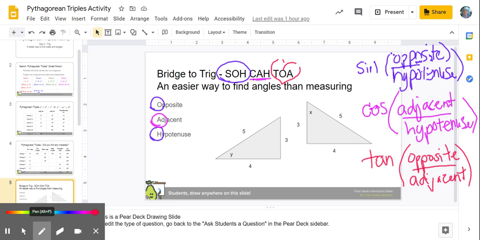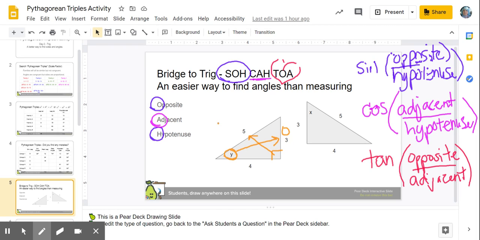So if I'm talking about angle Y, the opposite side is the 3. That's the O. Because it's in relation to angle Y. If I've got that right angle, that's the hypotenuse, always the hypotenuse.